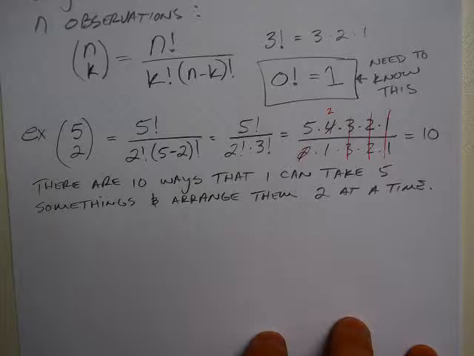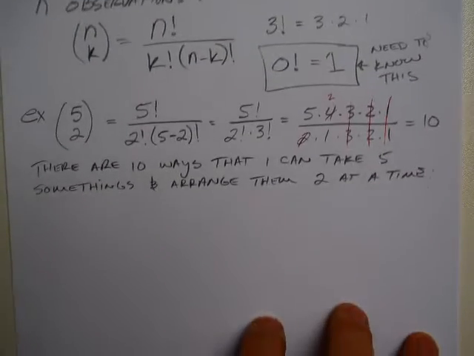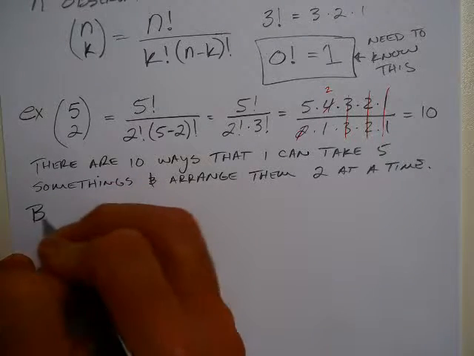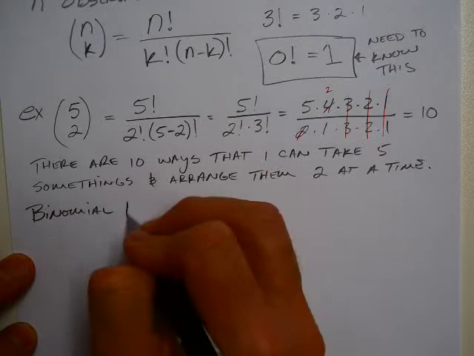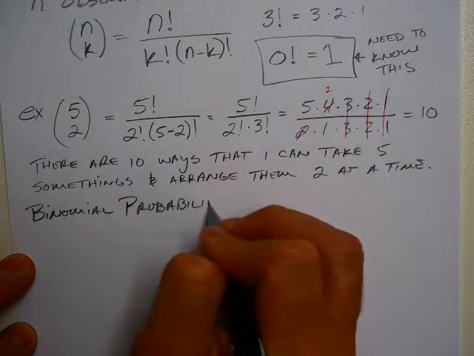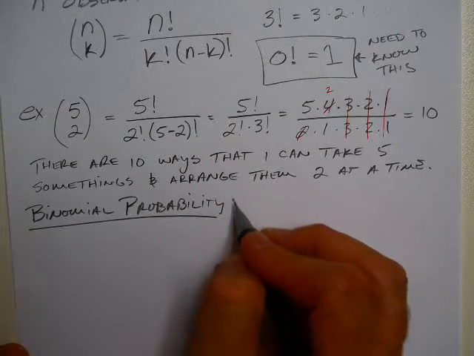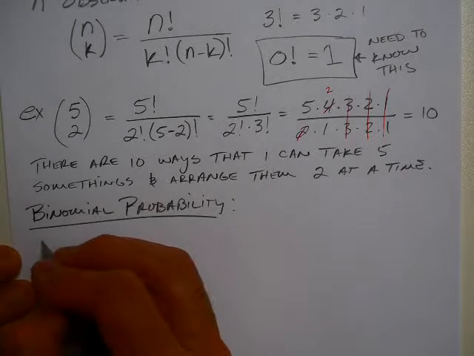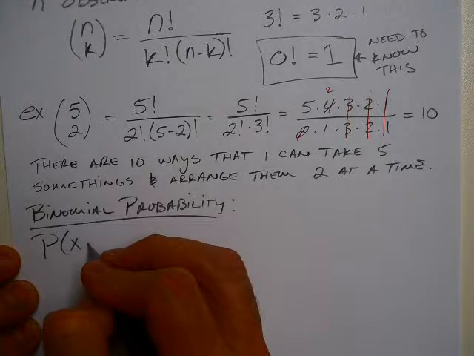So now let's go to the fun stuff. That's just the coefficient. Now let's look at binomial probability. The probability that x equals k.